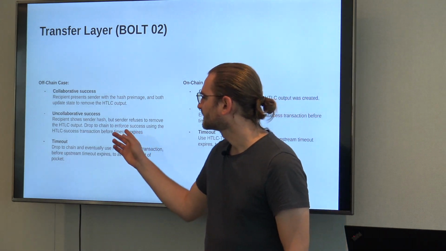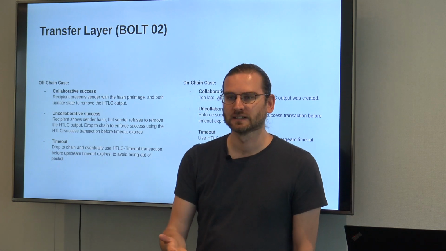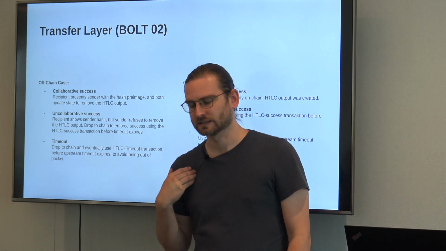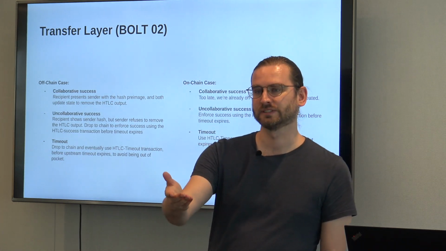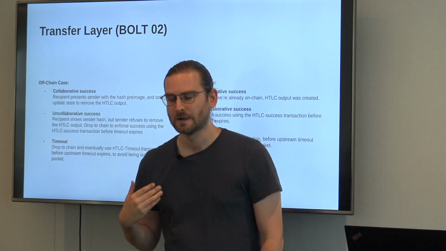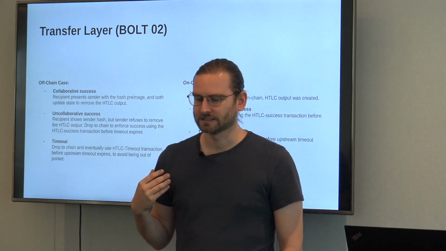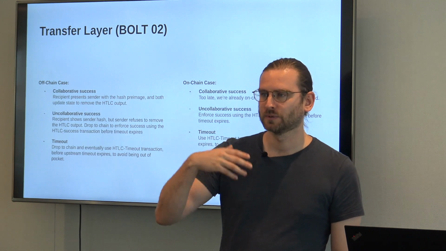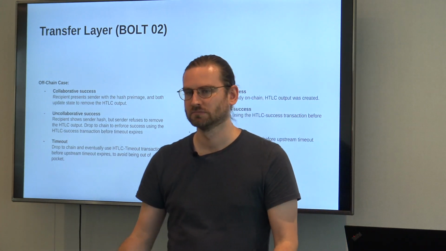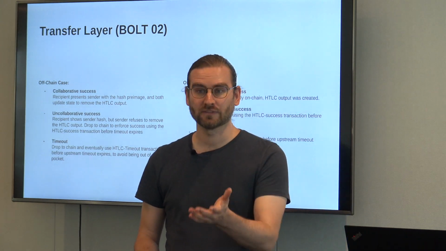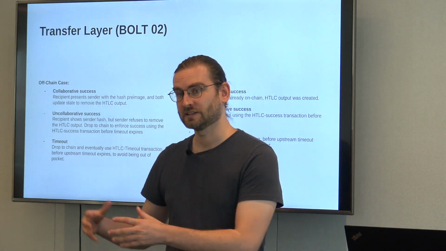For the success case, it's basically the case I just mentioned. Let me be the sender and you be the recipient. We have a timeout of 10 blocks, we drop on-chain for some reason, and you have the pre-image. But you let the HLC sit there.